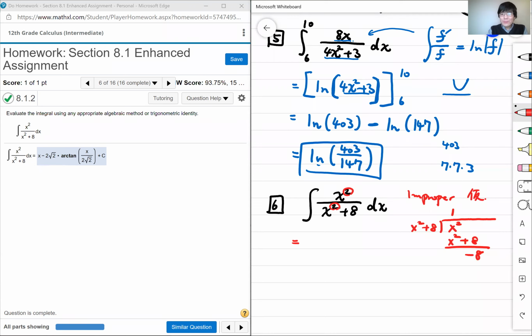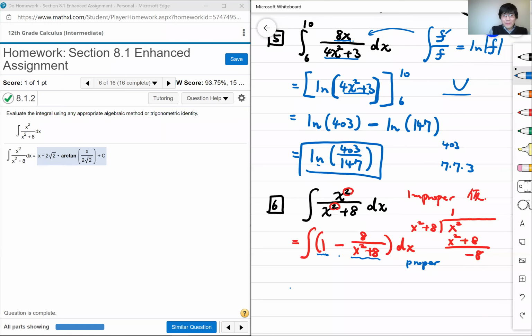The quotient is 1, and the numerator is -8. After the division, the rational expression becomes a polynomial plus some fraction, a proper fraction. So the numerator's degree is always less than the denominator's degree.